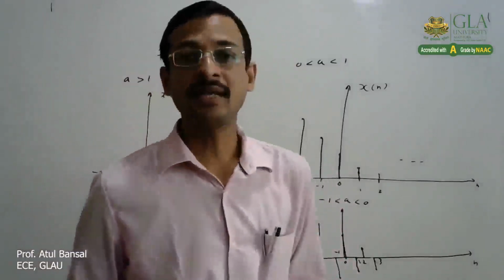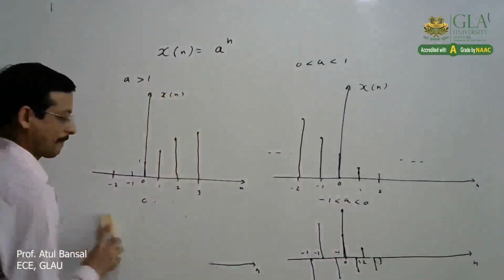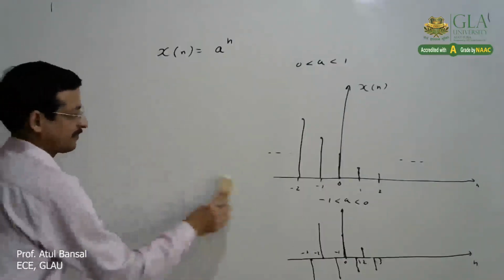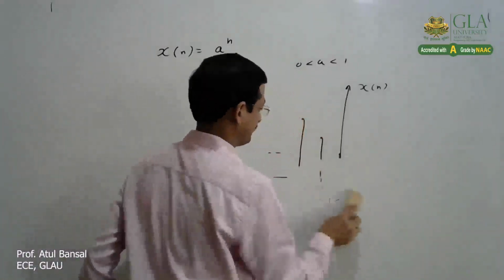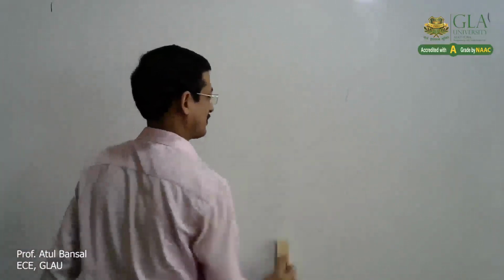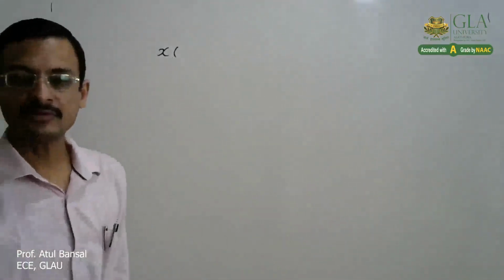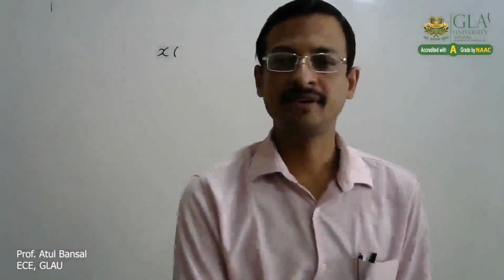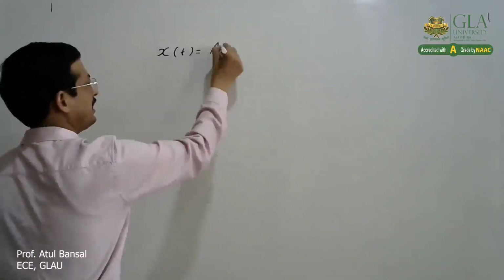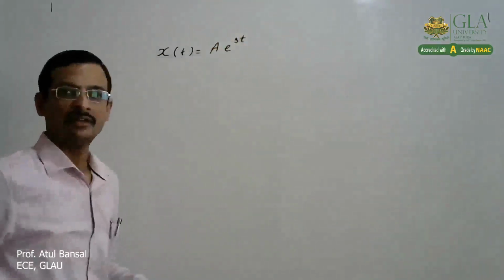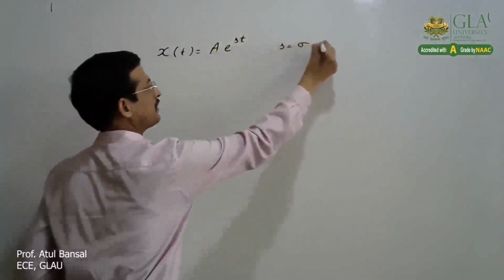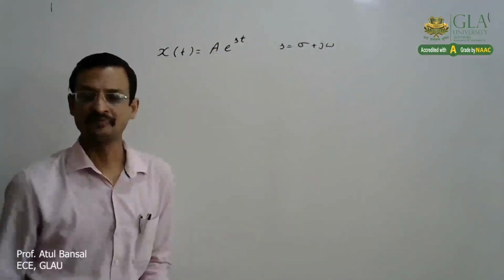Next is the complex exponential. The complex exponential in continuous time is defined as x(t) equals a e raised to power st, where s is a complex number given by sigma plus j omega, right?